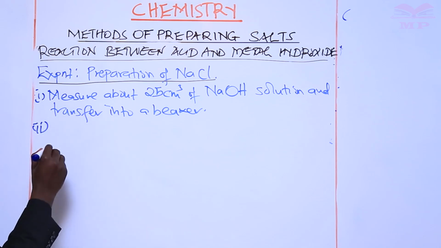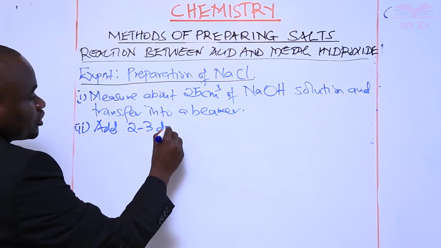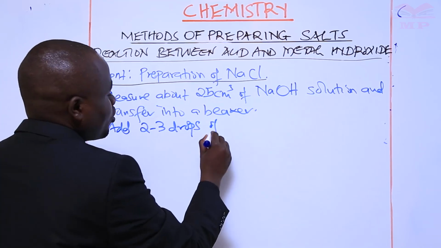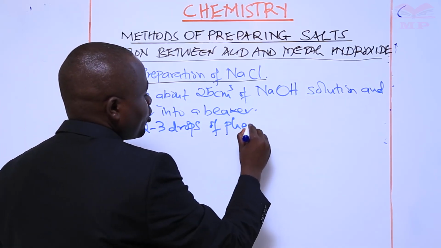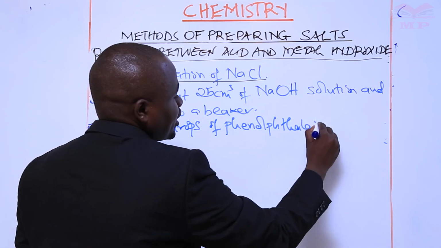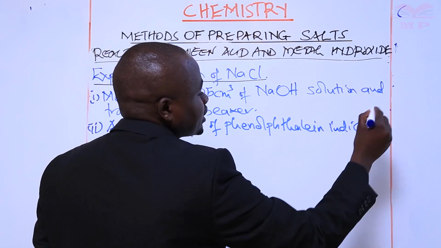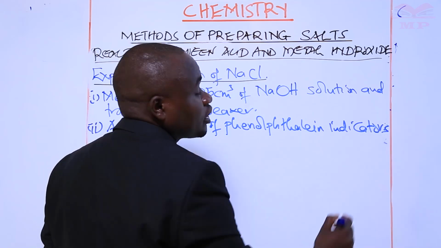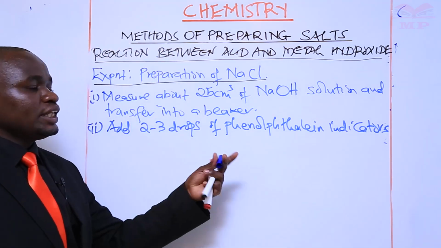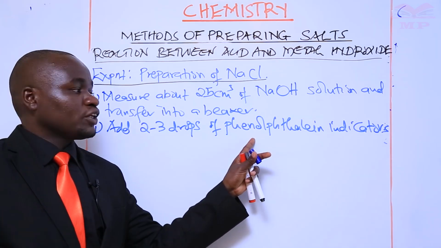Secondly, after doing that, you add 2 or 3 drops of phenolphthalein indicator. In Form 1, we learned about indicators, and one of them was phenolphthalein. So you should be able to tell the color of this solution when I add phenolphthalein indicator.